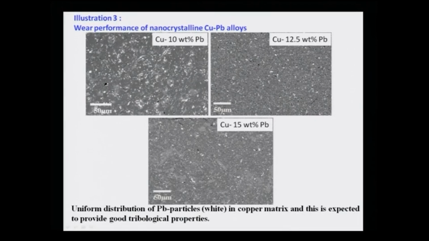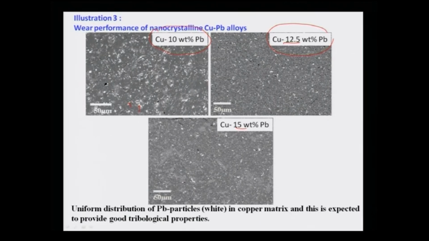Here I am showing you the microstructure of the copper lead alloys with different lead concentrations: 10, 12.5 and 15% lead. What you can see are these white phases, in some cases discontinuous and in some cases particles; they are actually lead.